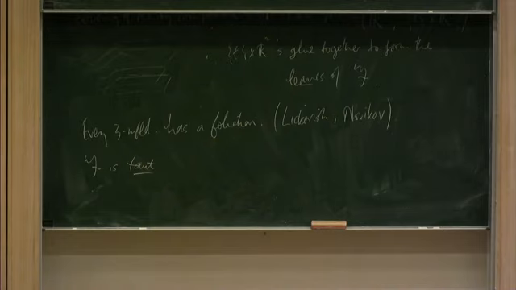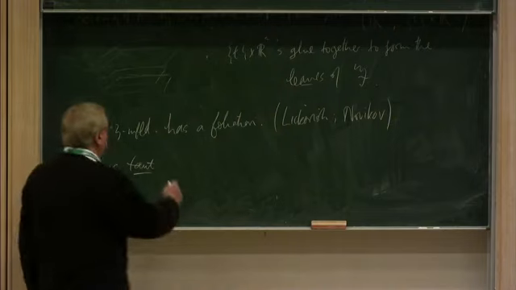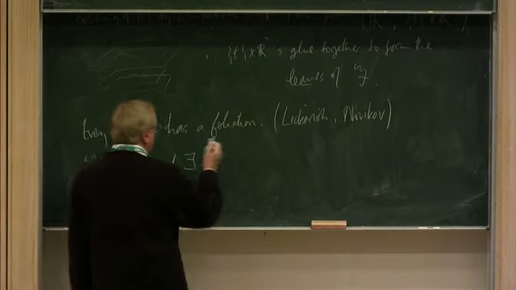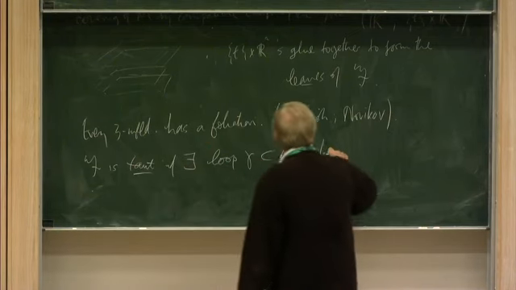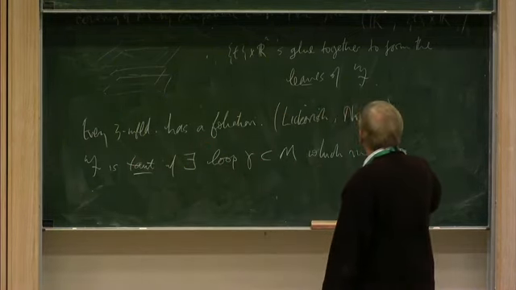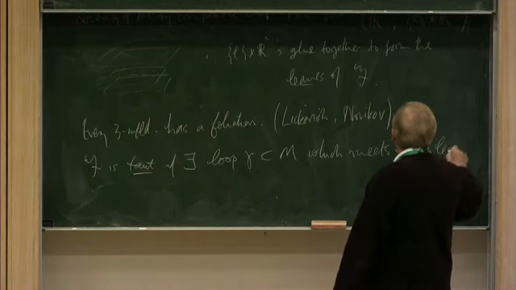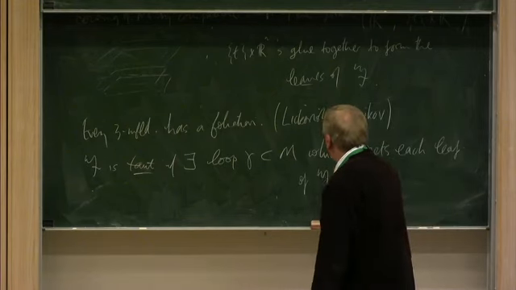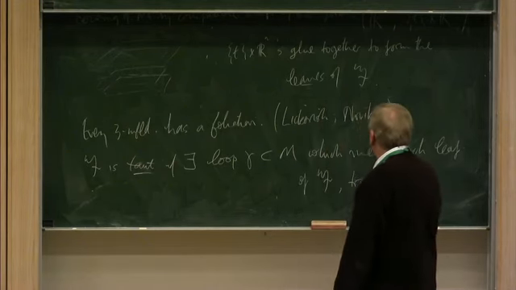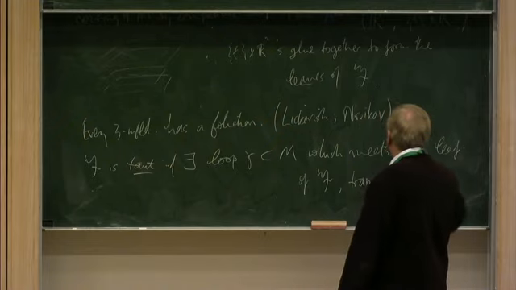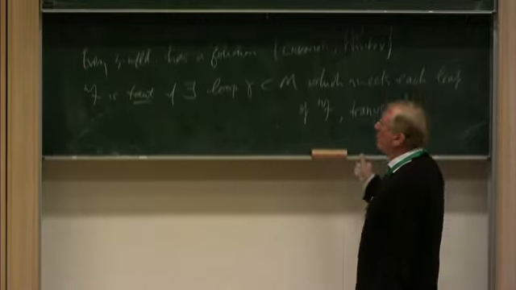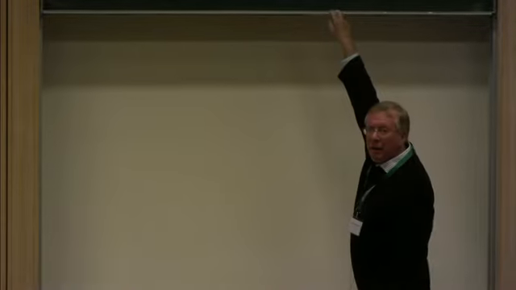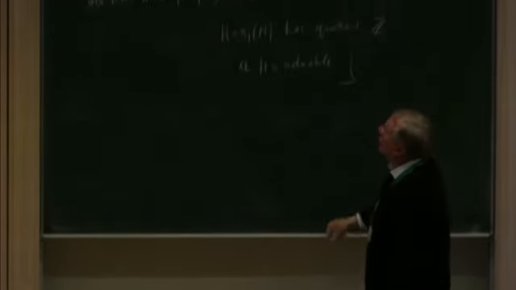F is taut if there exists a loop, let's say gamma in M, which meets each leaf of F, and it meets each leaf transversely. That's kind of the key point. That turns out to be really a non-trivial condition. Not every three manifold has a taut foliation.